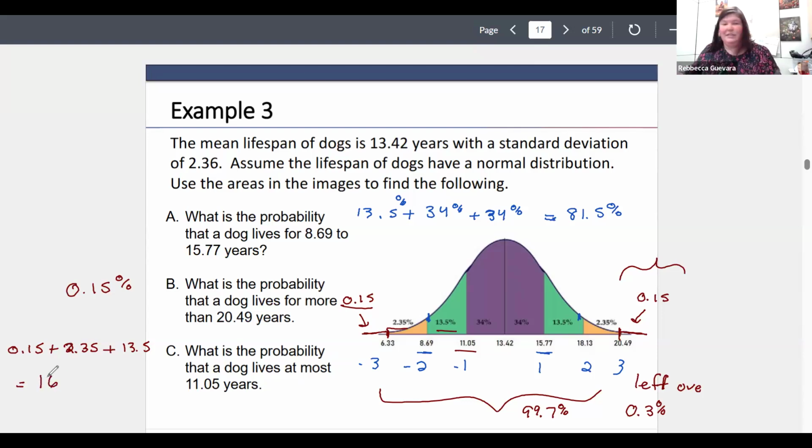I believe that is going to be 16%. I'm just going to add that up quickly one more time to make sure I have it. Yeah, 16. There's a 16% chance there. Like I said, that's just using those areas, but I'm figuring out these probabilities right now still using the empirical rule.